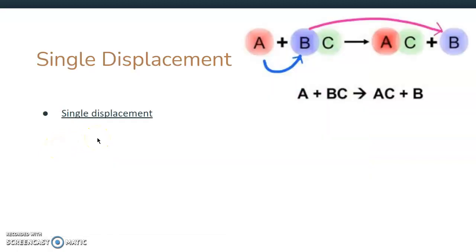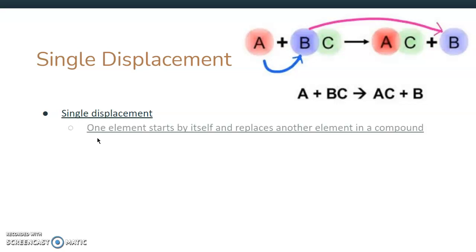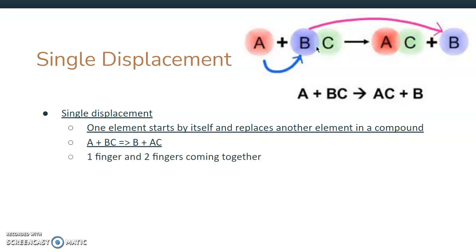Our single displacement is next. Single displacement is where one element starts by itself and replaces another element in a compound. So we have A, which is going to react with a compound BC to make AC plus B. I like to think of our two separate hands. One hand has one finger, the other hand has two fingers.